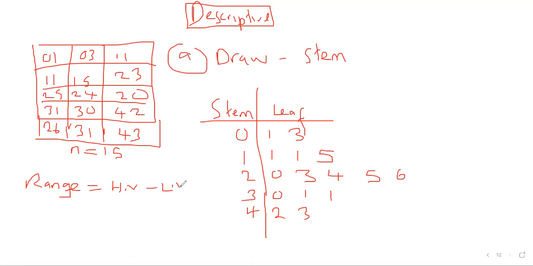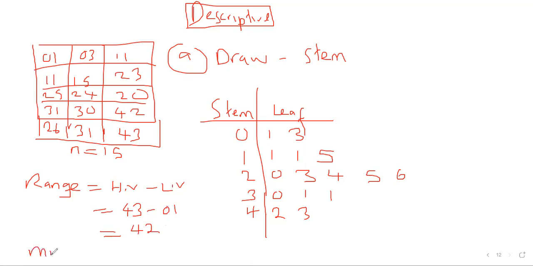What is our highest value? It's 43. The lowest value is 0, 1. And what becomes our range? The range should be 42.